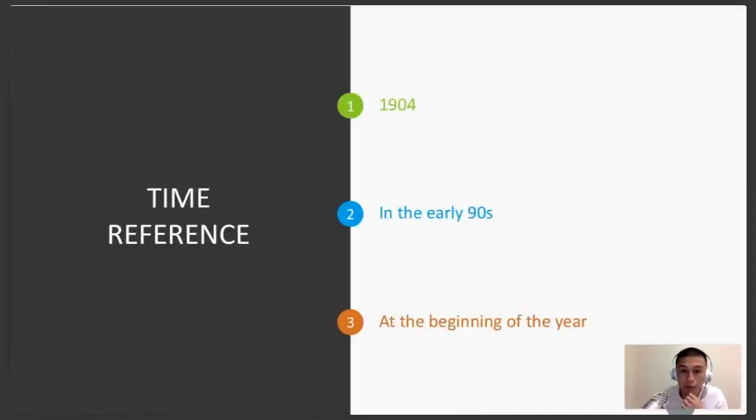Next, what else are we looking for? Time reference. Time reference is very important. It doesn't really establish what can go first, but because they are referring to time, it gives an idea of where you want to position it. So you want to make sure the time goes in order.